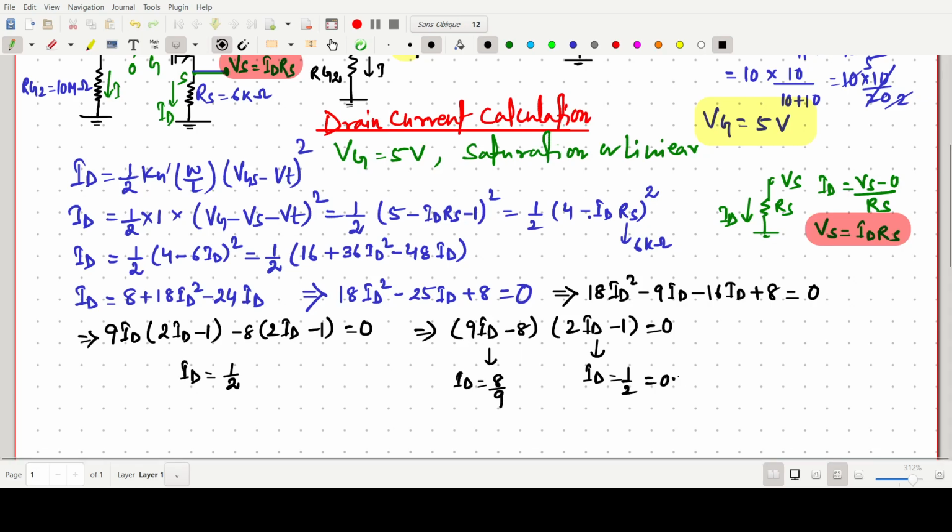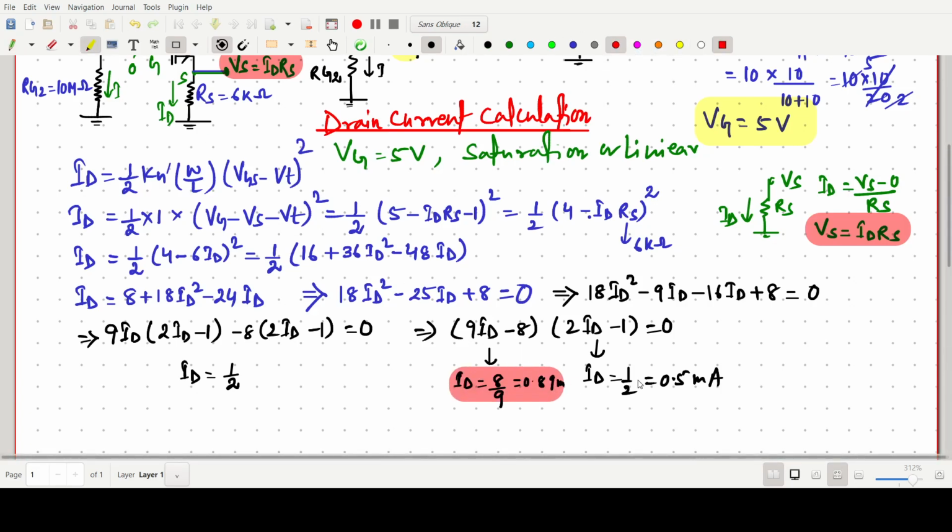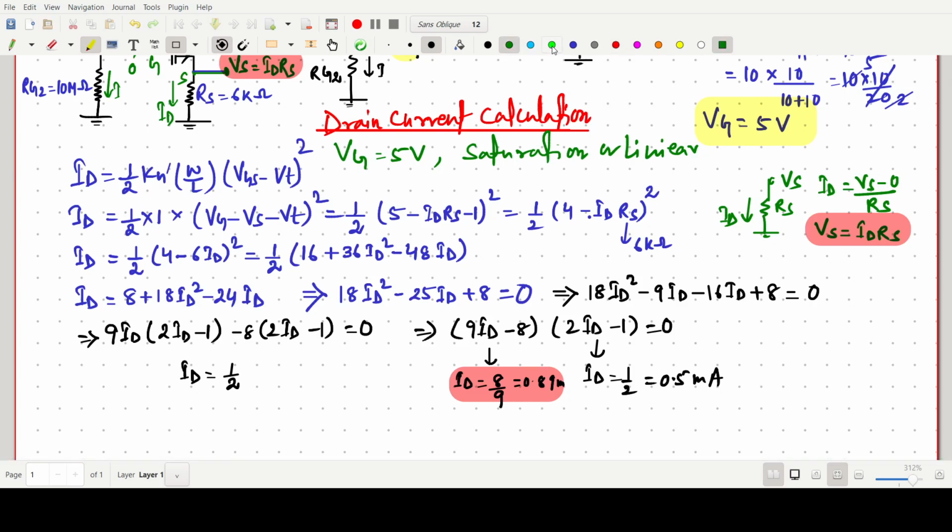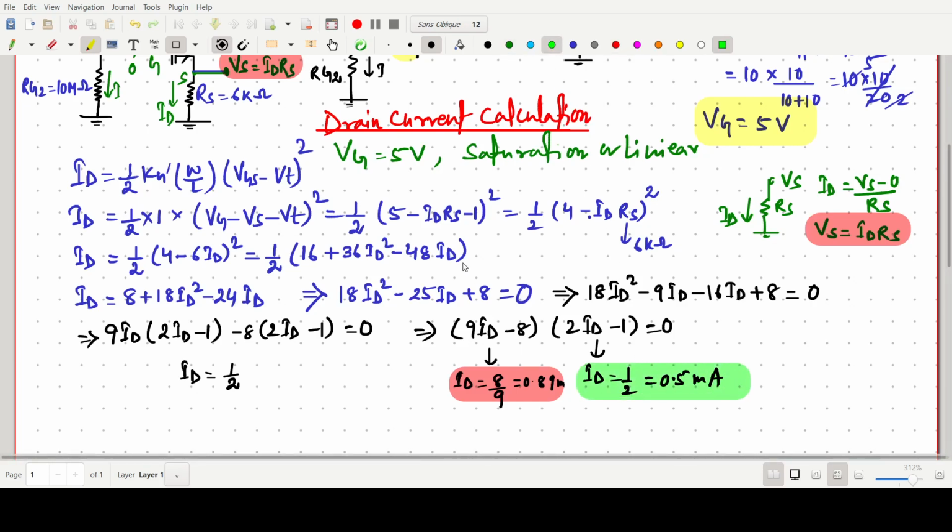So this one will be 0.5 milliampere, we have assumed milliampere, and the other one is 8 by 9, which is nearly 0.89 milliampere. So there are two values, so I am highlighting these two values with the green one. Now we have to decide which one is the correct ID, 0.89 or 0.5.